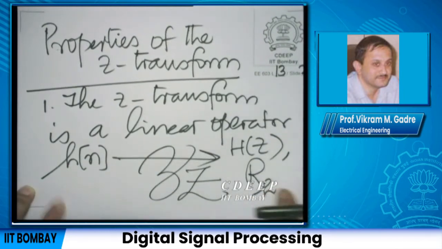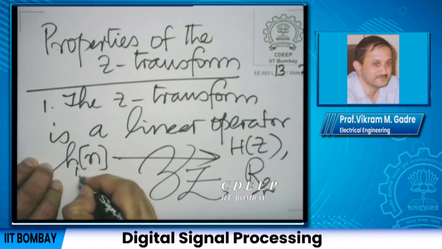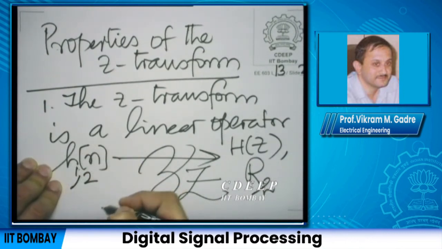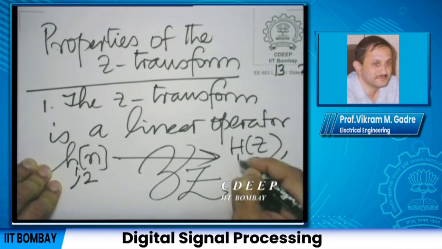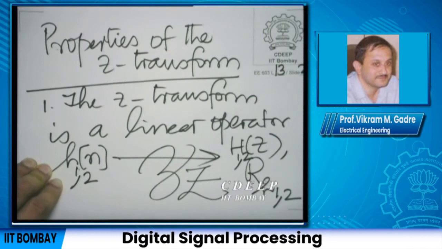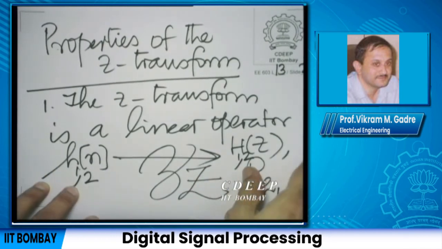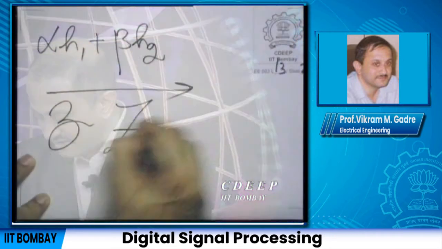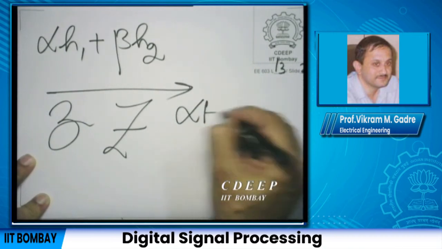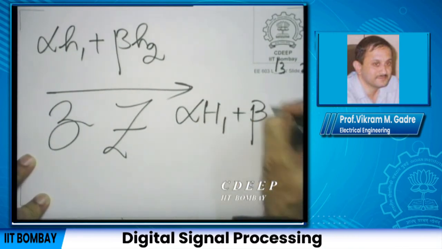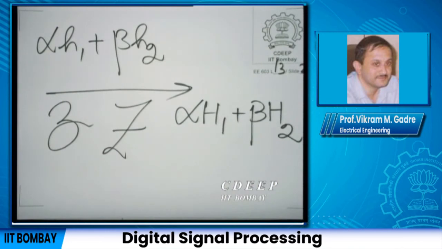So, if h1[n] and h2[n] respectively have the Z transforms H1 and H2 with regions of convergence R_H1 and R_H2, then alpha times h1 plus beta times h2 would have the Z transform alpha capital H1 plus beta capital H2.